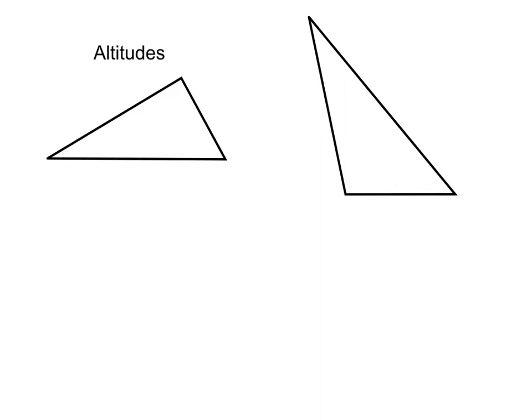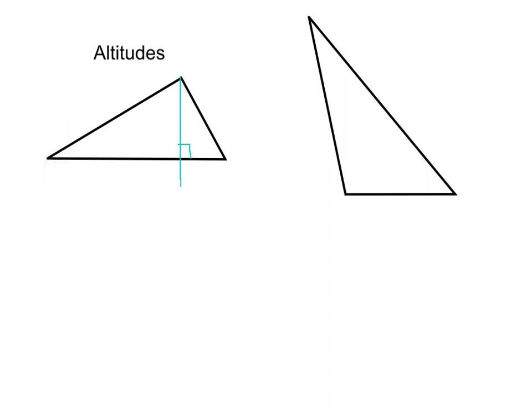Okay, so here for an altitude, I'm going to start at an angle, and I'm going to drop a perpendicular. So let's say I'm starting with this angle at the top first. I'm going to go straight from that angle, straight down in a straight perpendicular line to my base. Then I'm going to look at a different angle. Let's look at this angle here.